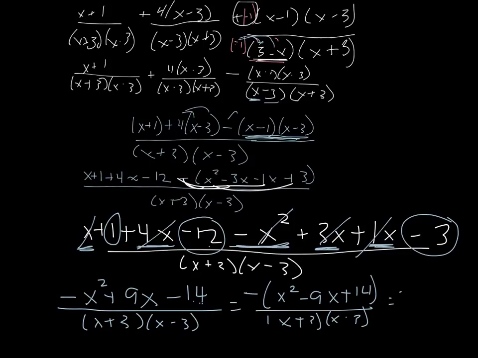So it'd be negative x minus 7, x minus 2 all over my lowest common denominator. Typically, I probably wouldn't factor that thing, but it's not a bad idea to factor it, just in case you can cancel some things as you go. All right, hopefully that helps you with that question.